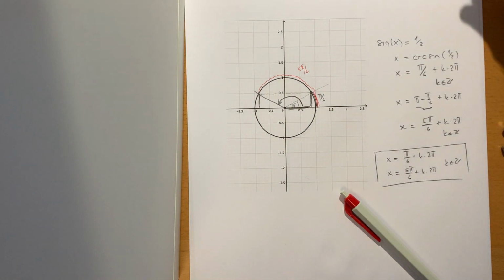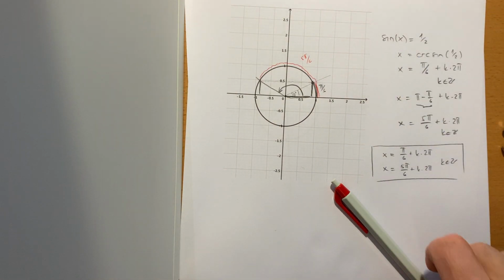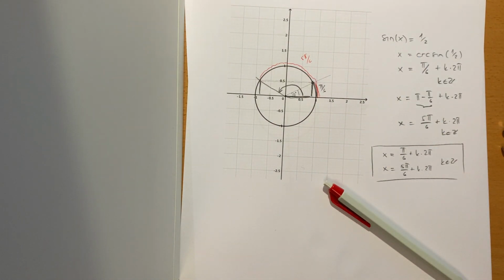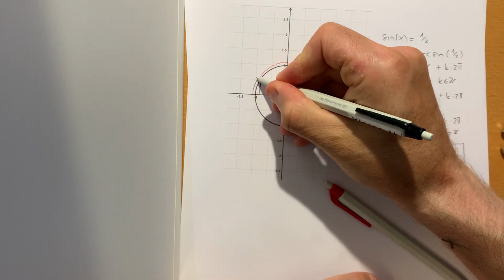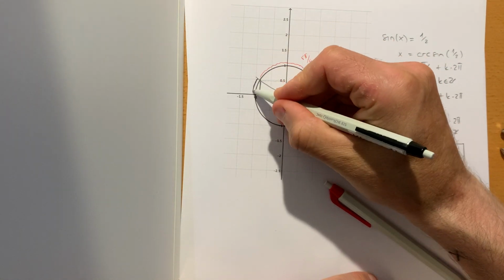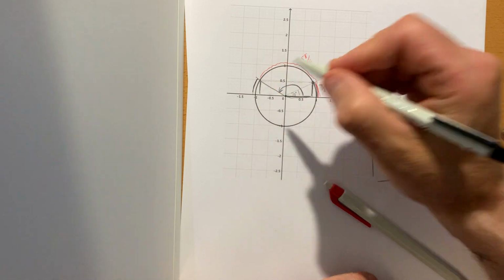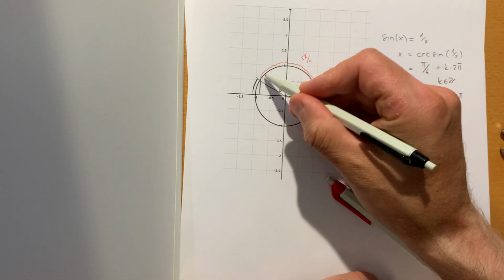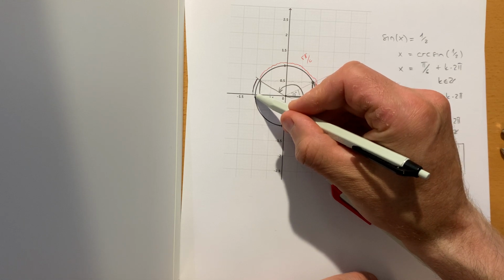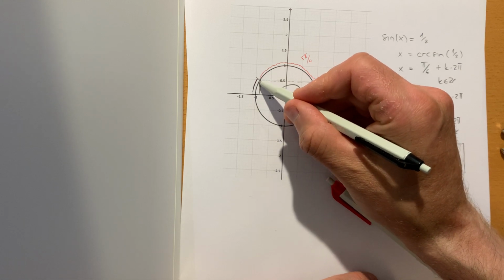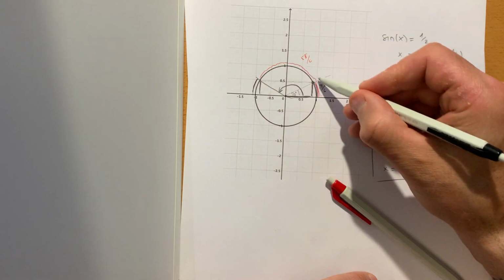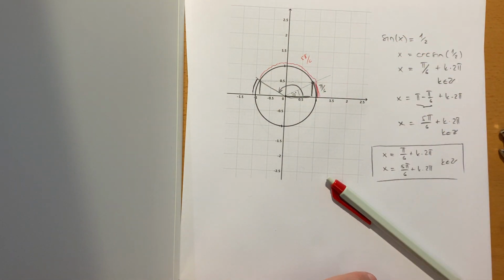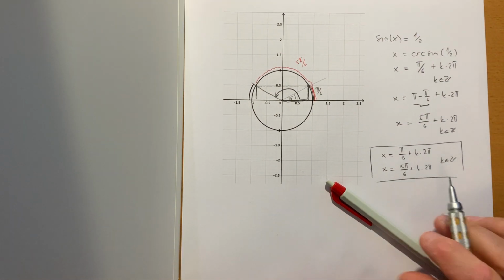Because, look, here, let's use another color, this is also the length of pi over 6. So you subtract pi over 6 from pi. So pi minus pi over 6, then you get this wiggly part here, which is 5 pi over 6.